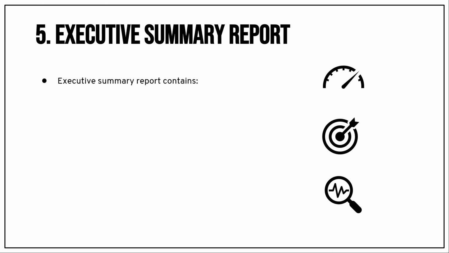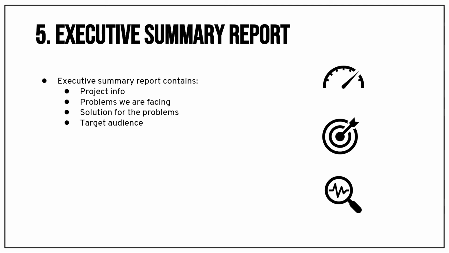Next we will see what are the points we need to cover in the executive summary report. The first one is project information, that is the short project description, the problems we are facing, and solutions for the problem, who the target audience for this executive summary report is, and competitive analysis.